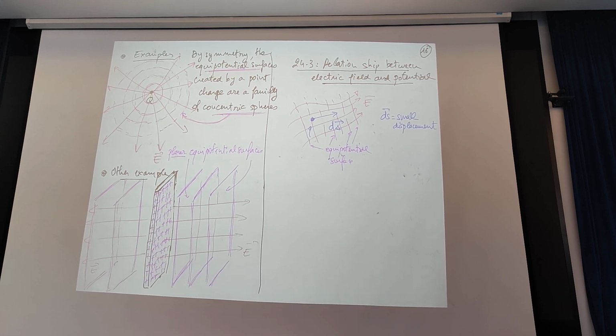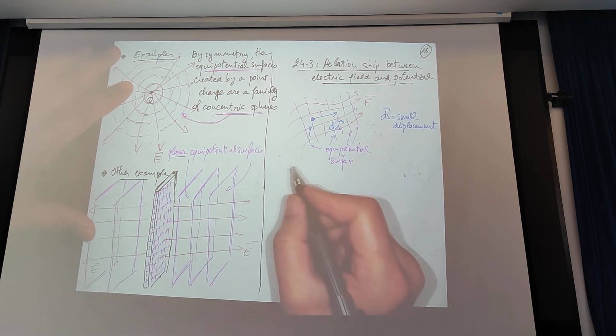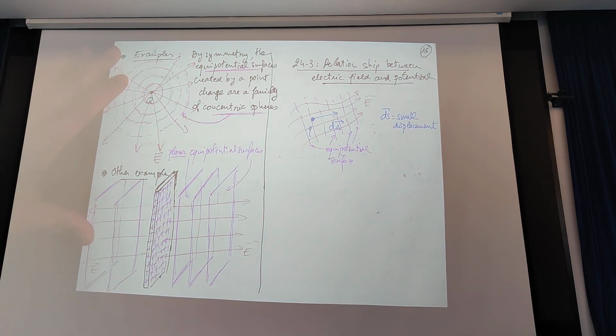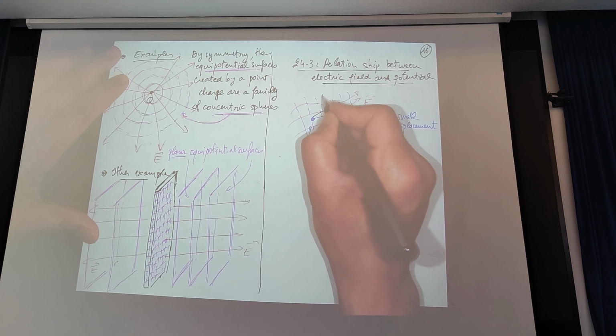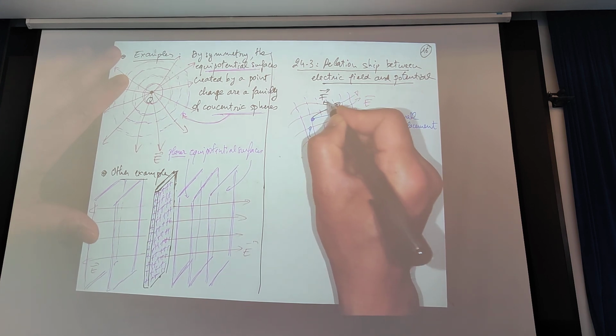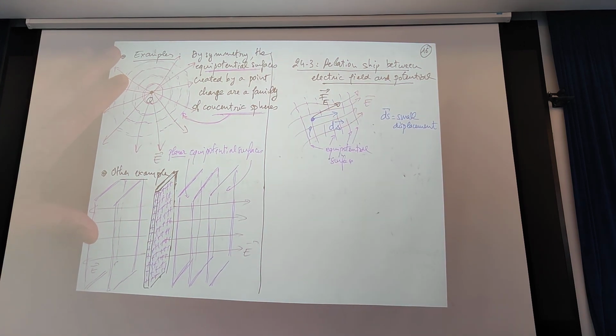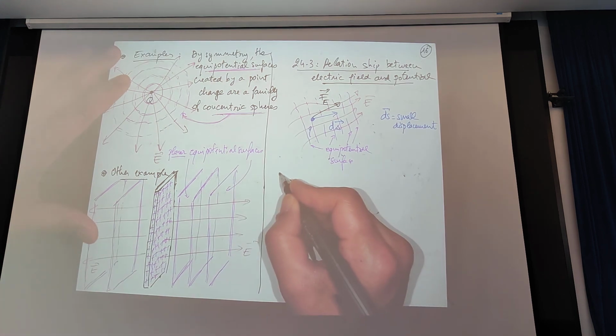So during this small displacement, the work of the electric force. Of course, I didn't mention it, but you have already guessed that the charge is submitted to the electric force Fe.